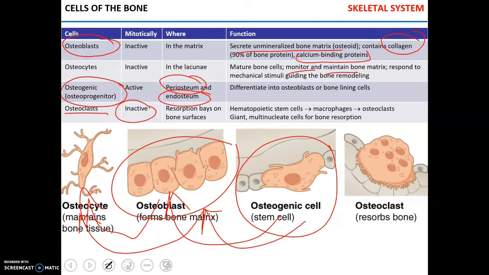They are derived from macrophages. When macrophages fuse, they form these giant multinucleated cells that resorb the bone. You can see the surface of that cell in the so-called resorption bay. Osteoclasts destroy the bone during the process of bone remodeling, releasing calcium into the blood.